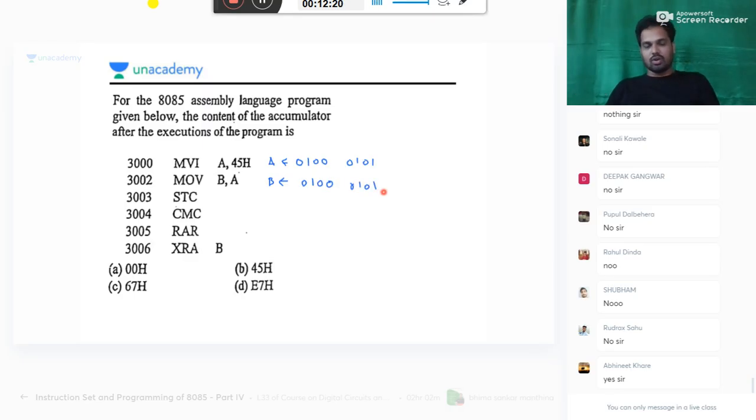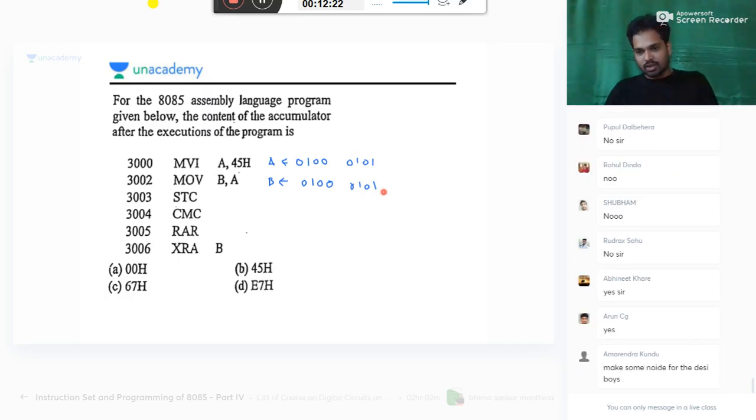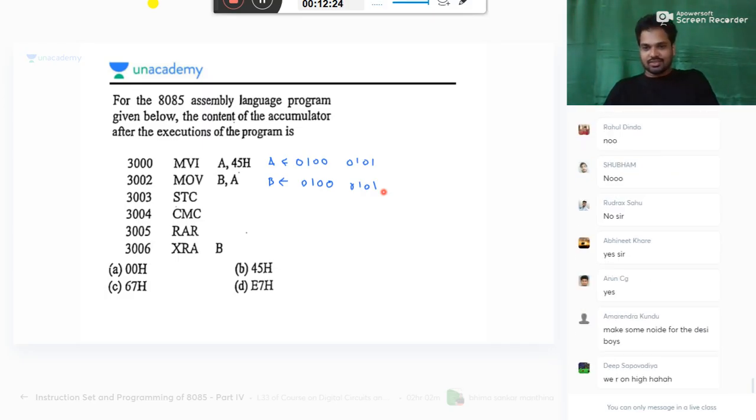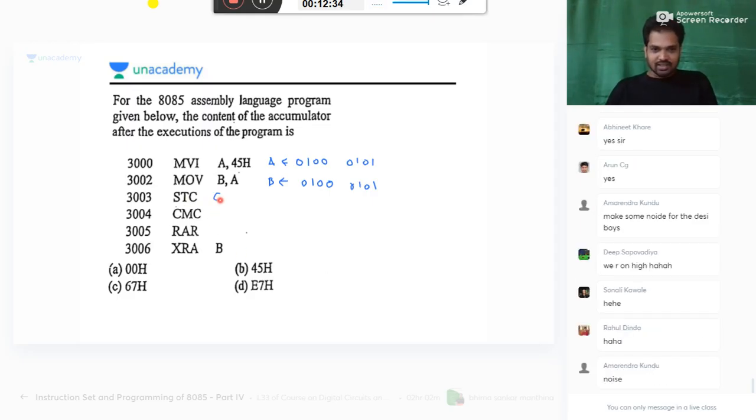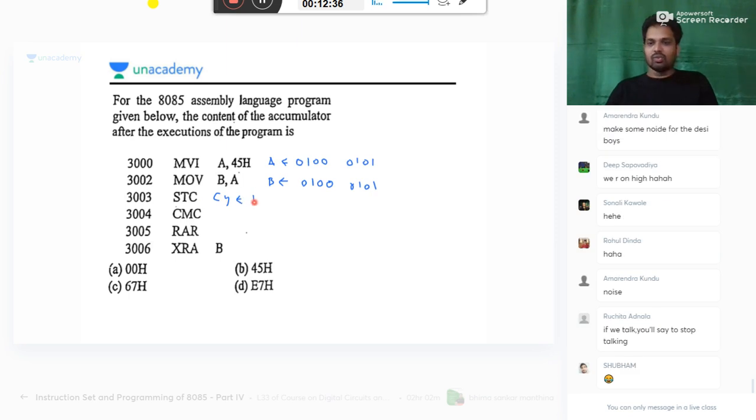Okay, 45 is copied in the first instruction, MOV B, A. Good. Set carry, which will make carry equal to 1.